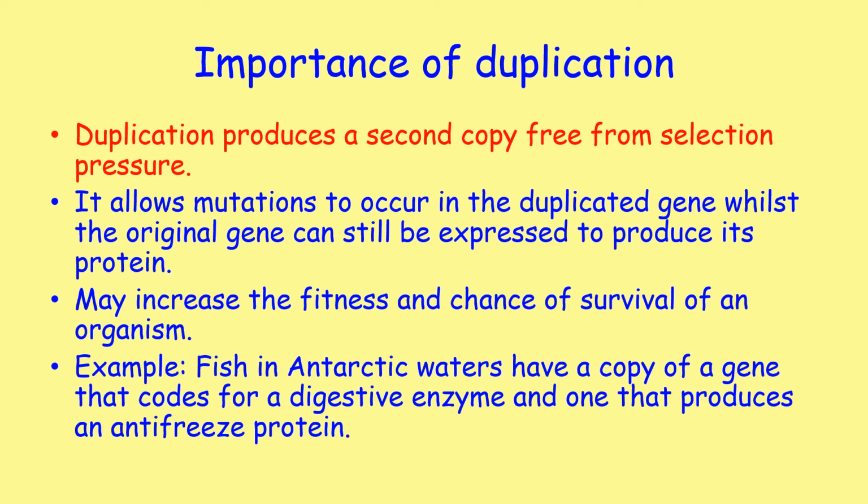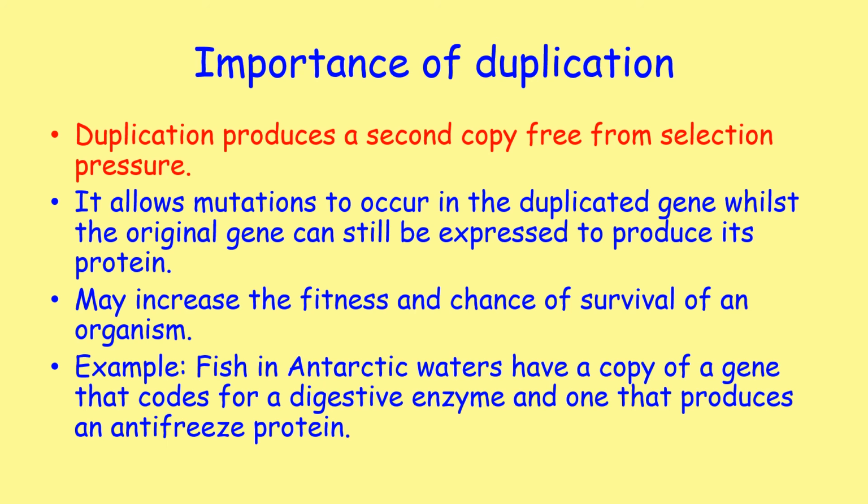Now, a classic example is fish in Antarctic waters. They have evidence that they've had a gene that's undergone duplication. That particular gene produced a protein that originally had 2 functions. Firstly, it was a digestive enzyme, but secondly it had ice binding properties, and it stopped the growth of ice crystals.